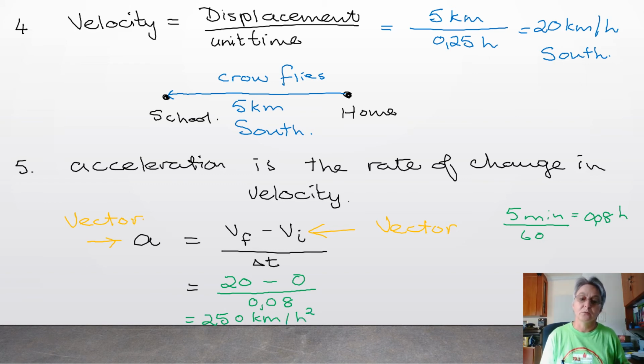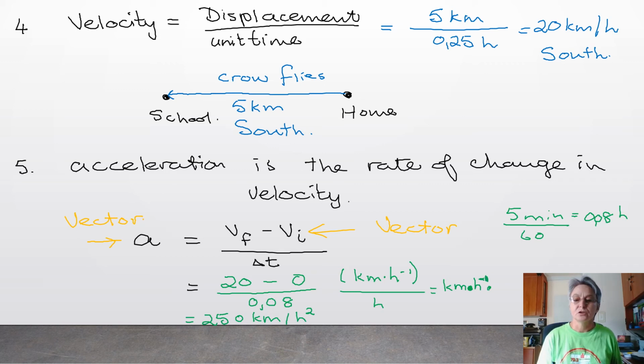Why is it per hour squared? Well, the unit for the velocity in this case is kilometers per hour. Divide that by an hour, and if you know your mathematics, kilometer per hour comes from kilometers dividing by hours, so you change the division to multiplication, and then your exponent for hour will change to negative.